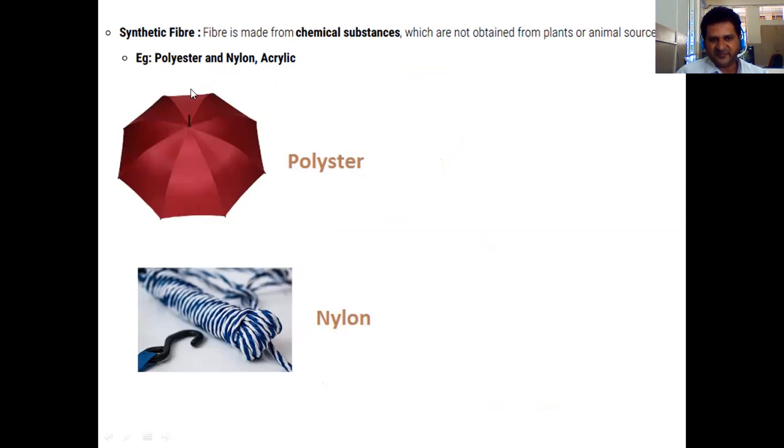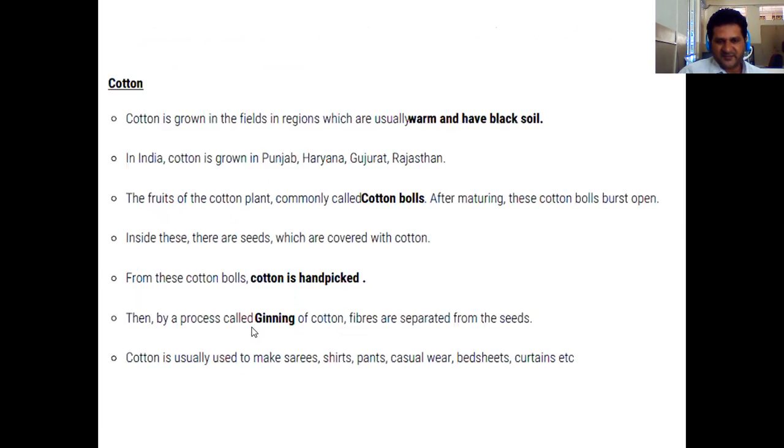Examples are polyester, nylon, acrylic, etc. Once they obtain yarns, they make them into fabric which can be used to make an umbrella or some other material.